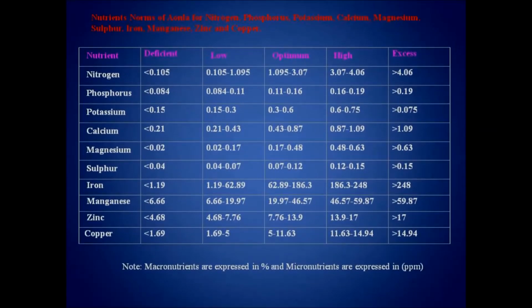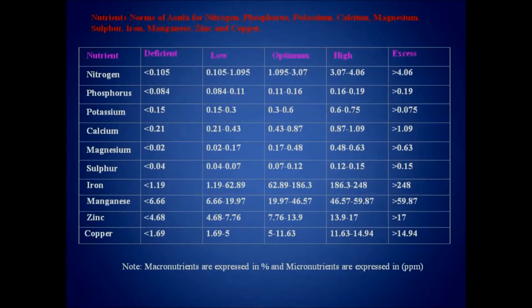These are the nutrient norms of amla for nitrogen, phosphorus, potassium, calcium, magnesium, sulfur, iron, manganese, zinc and copper. Total 10 nutrients: 6 macronutrients and 4 micronutrients. Macronutrients are expressed in percentage and micronutrients are expressed in ppm.